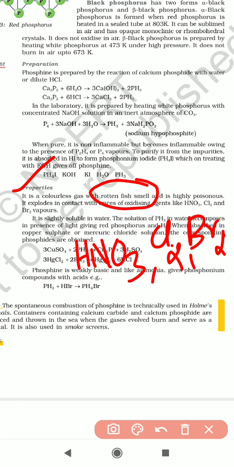Highly exploding and burning nature takes place when it is oxidized by nitric acid, bromine or chlorine gas. It is slightly soluble in water, and it decomposes to give phosphorus and hydrogen gas.